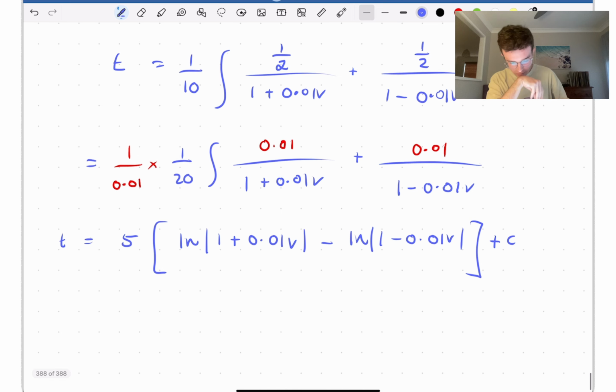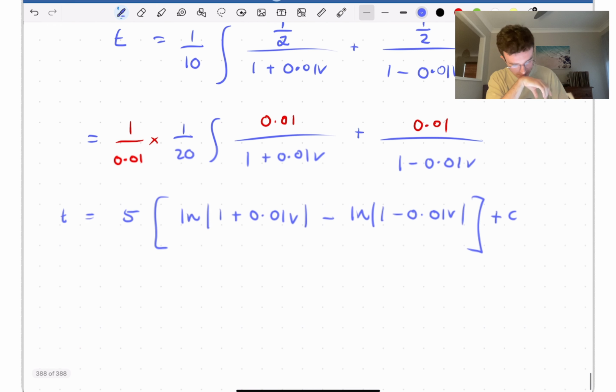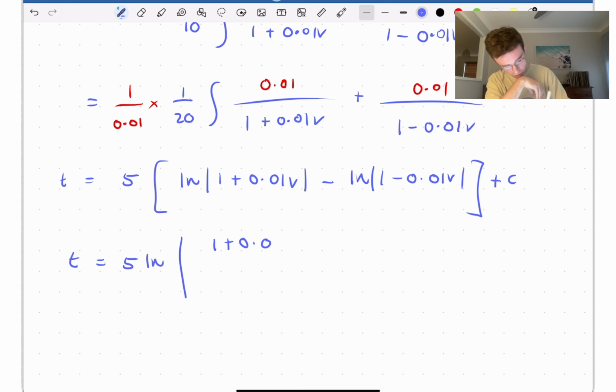Okay, we want to find that constant c, so we need to know, well, it's initially at rest, so velocity is 0, time is 0. We might combine these logarithms before we do this. So t is equal to 5 ln of 1 plus 0.01 v on 1 minus 0.01 v, plus c.